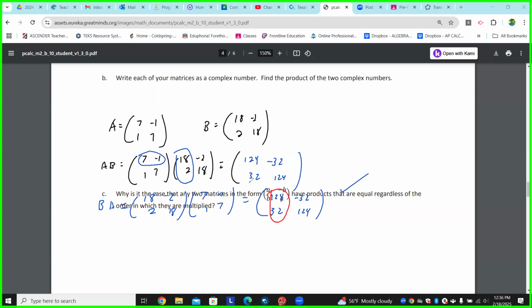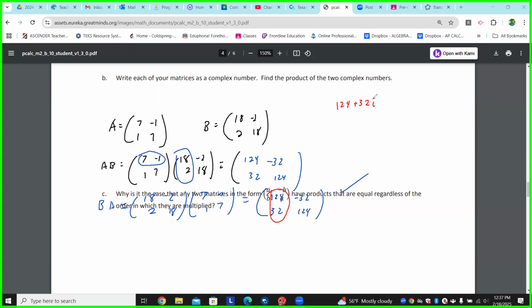The only thing that needs to go in B would be 124 plus 32i. That first row, when it's in the proper transformation matrix, is always our answer. That would be if I took a vector 1, 1 or something like that, and I did both of these transformations, this is where it would land, either direction.